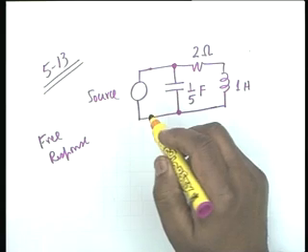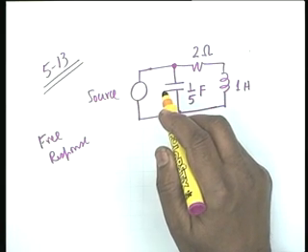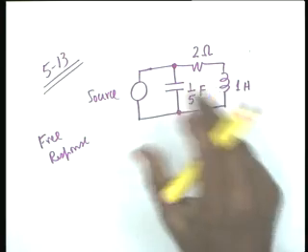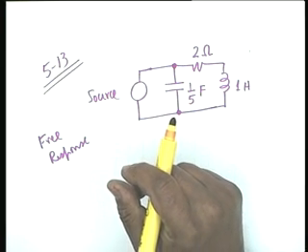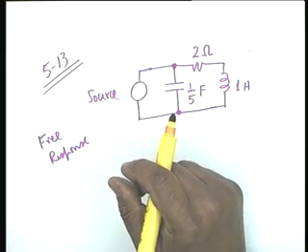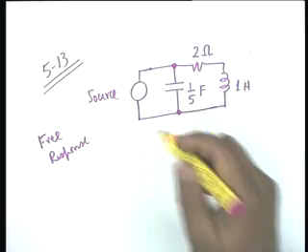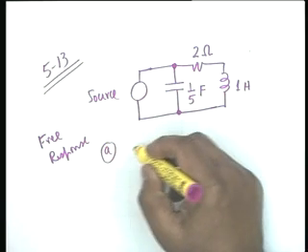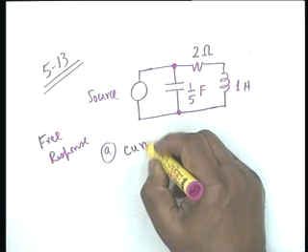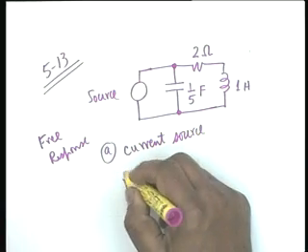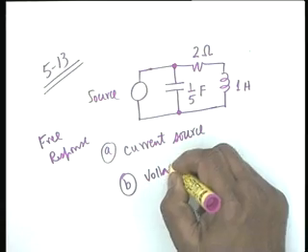Now the question is, you are required to find out the free response. What is a free response? That is the complementary function of the differential equation. You are required to find the form of the free response. For this source, under A it is a current source, and under B it is a voltage source.